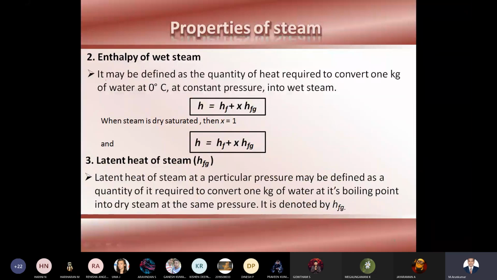It may be defined as the quantity of heat required to convert 1 kg of water at 0 degree Celsius at constant pressure into wet steam. So again, the formula will be h = hf + x hfg. So this formula you know very well. When a steam is dry saturated, then your x will be 1, right? So then only we can get the wet steam.